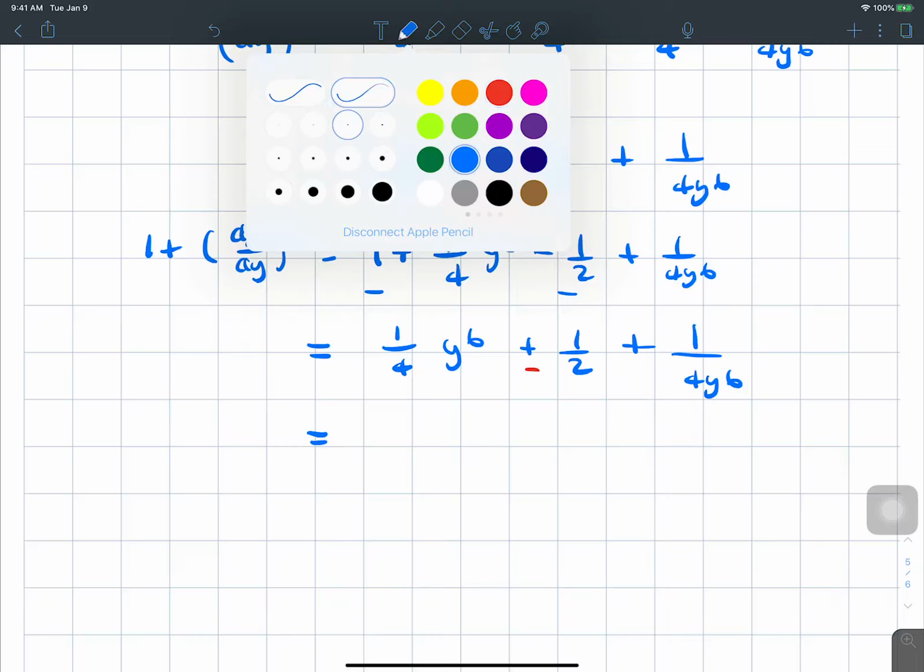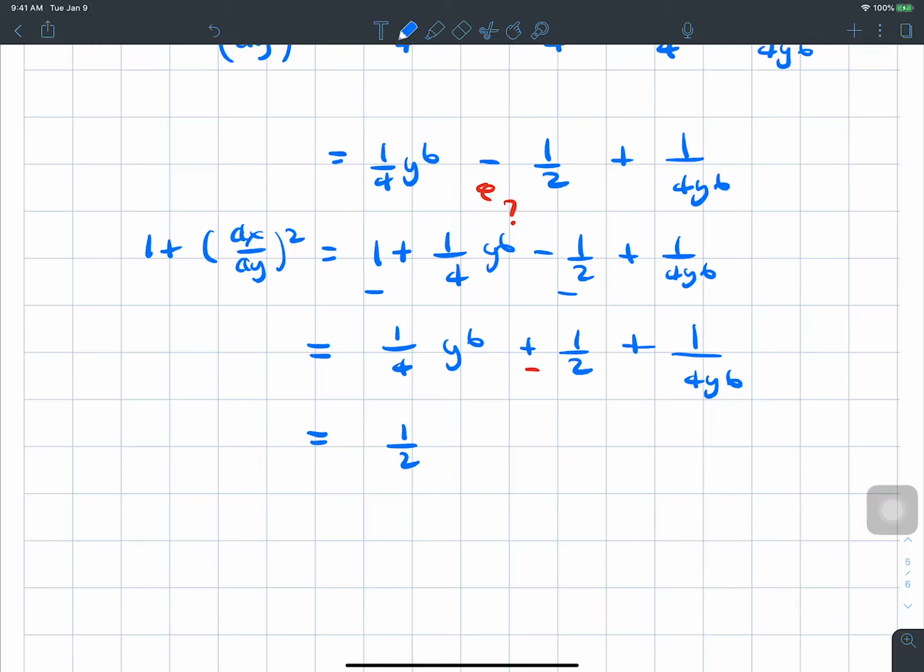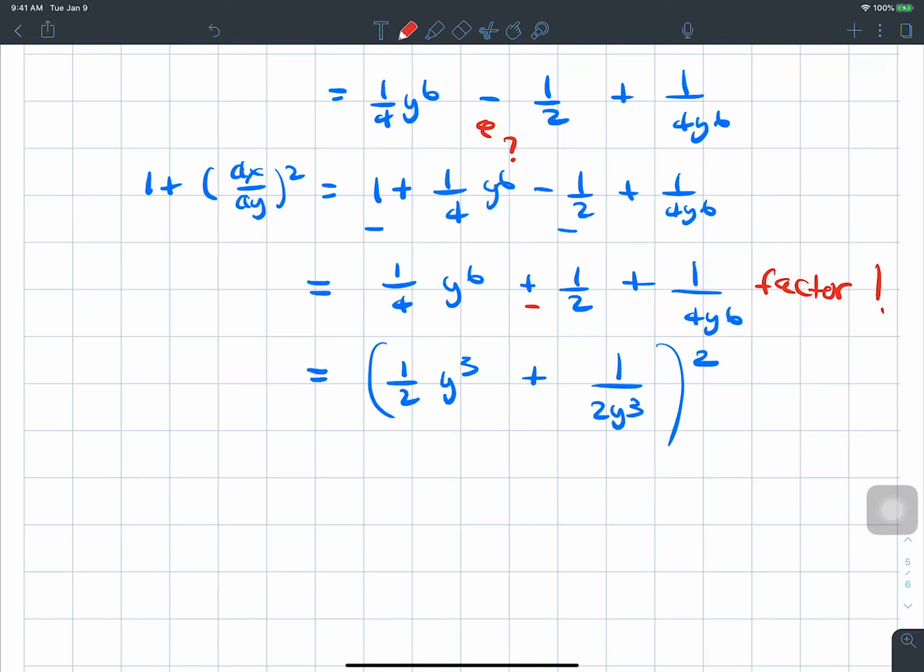So here's what I'm saying. When you factor this, you get 1/2 y cubed plus 1 over 2y cubed. This is a perfect square trinomial, ladies and gentlemen. Factor that. This is the factored version. And it's a perfect square. And you say, well, does that help me? Absolutely it does, because don't forget, we really have to take the square root now.